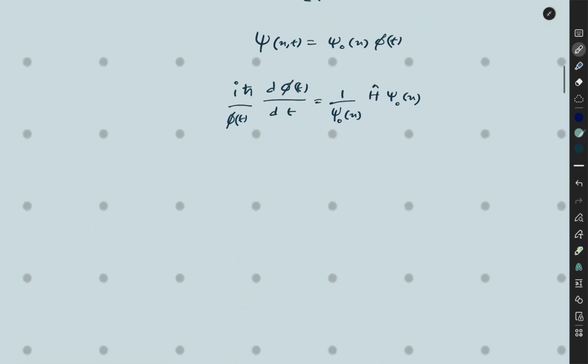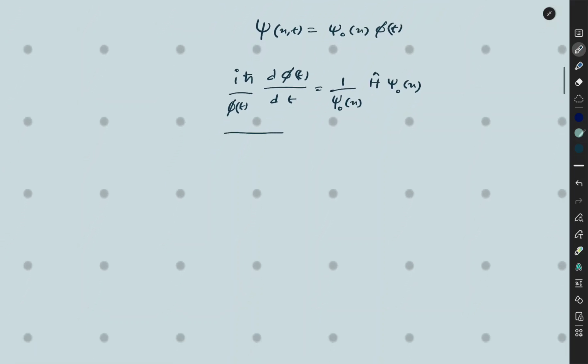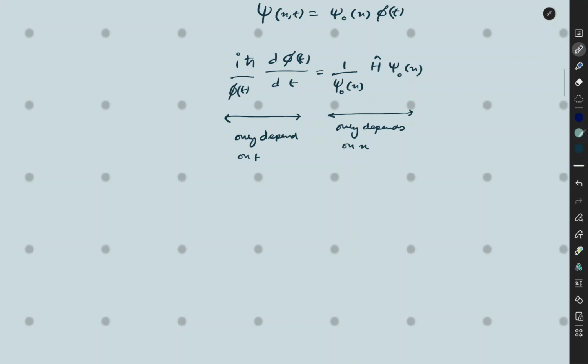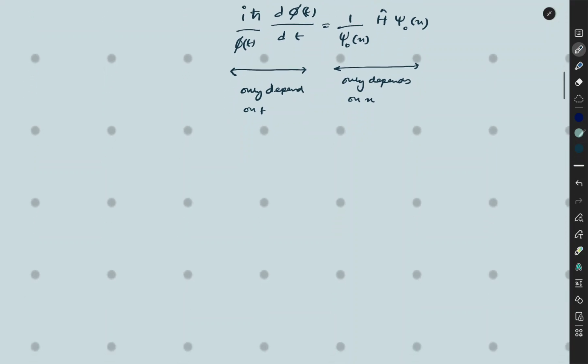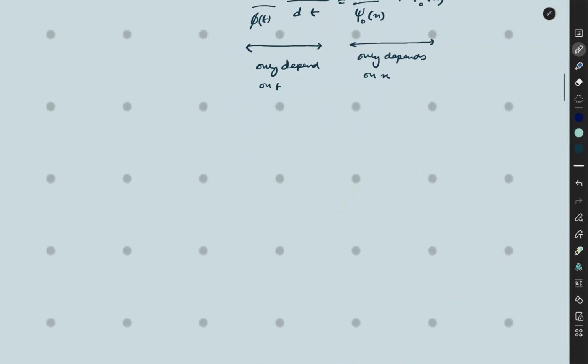So now you can see that this part, the LHS, only depends on time, and this right side part, the RHS, only depends on position x. So the core argument, that is the separation constant.